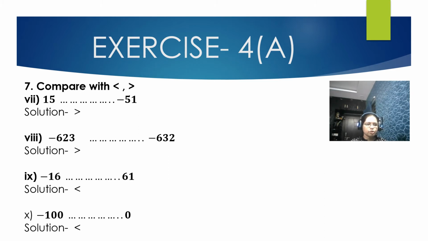We know every positive integer is always greater than the negative integer, so 15 is greater than minus 51. Eighth bit, minus 623 dash minus 632. We know 623 is less than 632, but if we place the minus sign, then minus 623 is greater than minus 632.